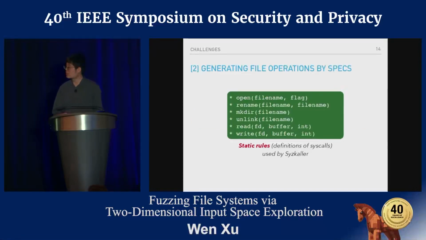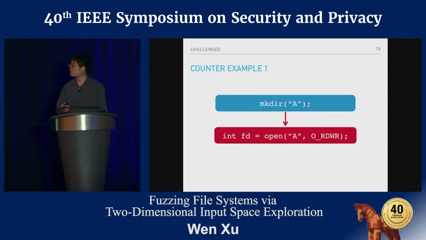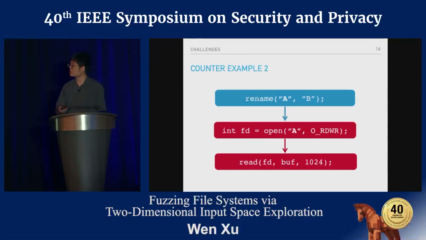Let's look at some existing file system fuzzers, such as Syzkaller. They simply run based on some static rules, which define the system calls. Based on the system call definitions, they generate arguments which have a valid type and just run them. But in the context of file system fuzzing, it's not so effective. For example, they may generate system calls that create a directory, but then try to open it with read and write.